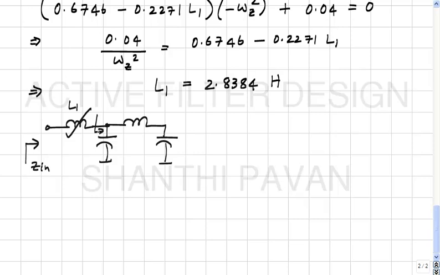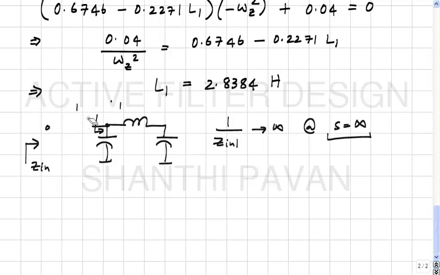We said we know that this admittance, 1 by Zin1, must go to infinity at s equal to infinity. This is what we did earlier, right? And that is because s equal to infinity happened to be a pole of y1 or equivalently a 0 of z1. Now what is the difference between that situation and the situation we have now? All this action is not happening at s equal to infinity, but it is happening at s equal to j omega z. So the procedure is the same. Thankfully, we can reuse much of our calculation.